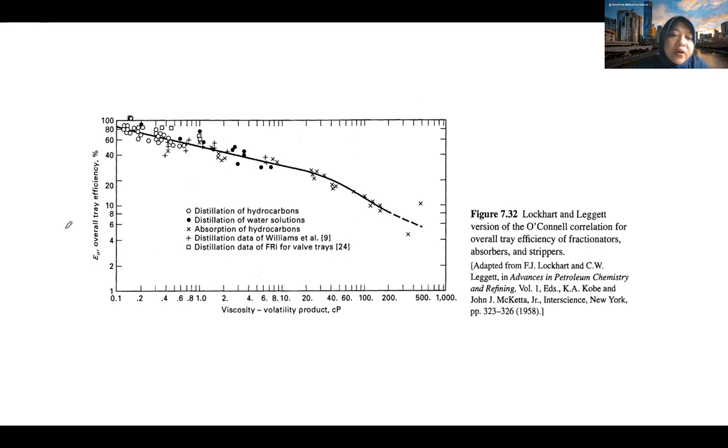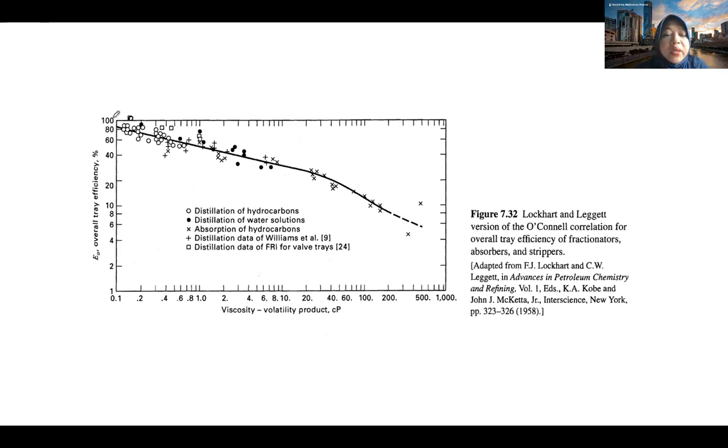This is the overall efficiency, and it correlates to the viscosity. If you have a higher viscosity, a very viscous product, a thick liquid, you have very low efficiency.